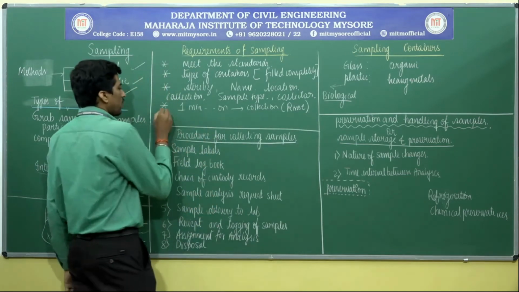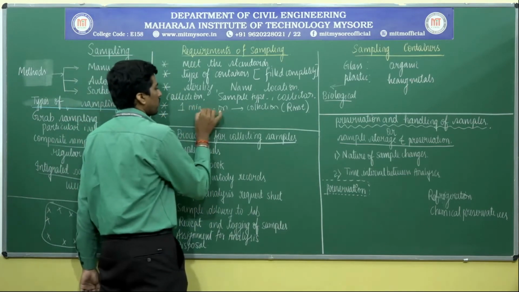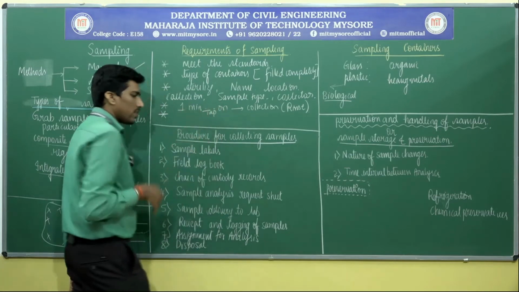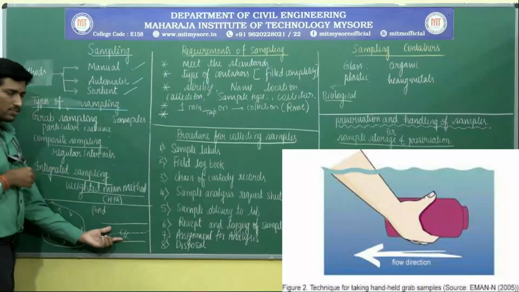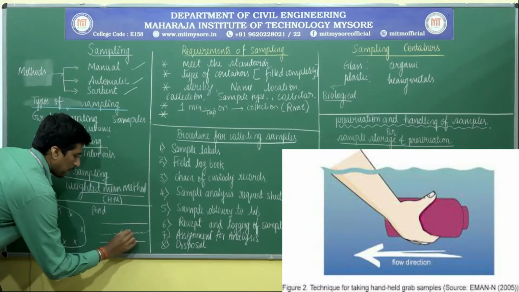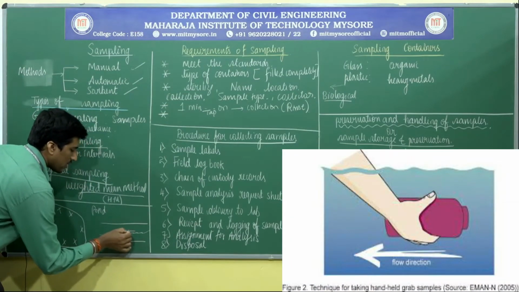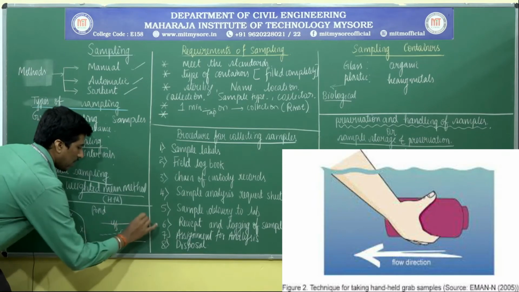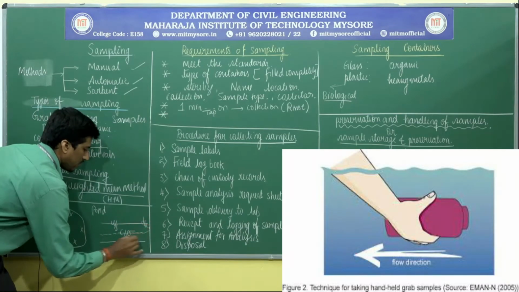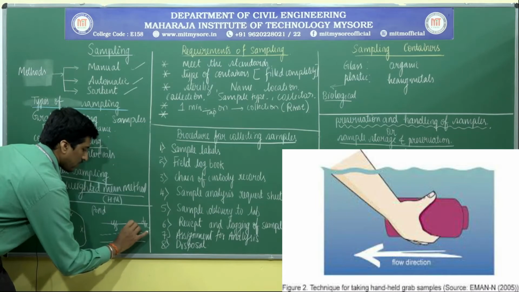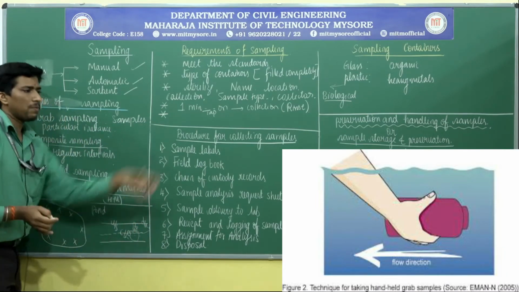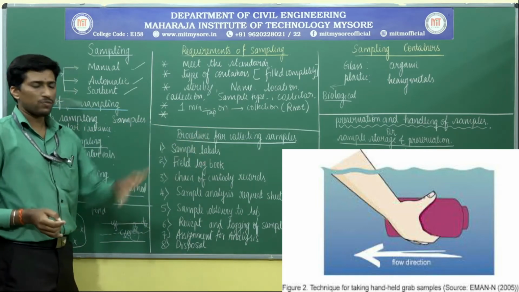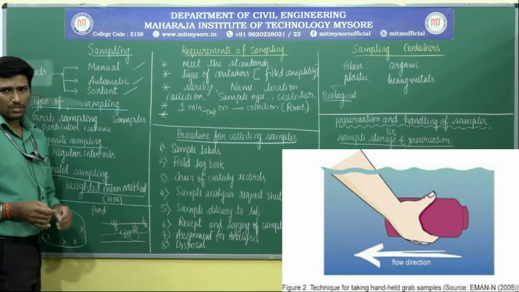That is for the case of tap water. In the case of moving water, the sample bottle has to be kept with its mouth in the upstream, whereas the hand which is placed for the collection of the sample has to be in the downstream, like here you need to collect it.